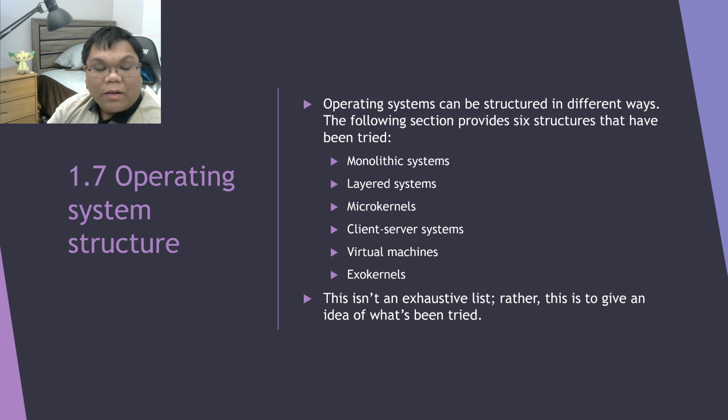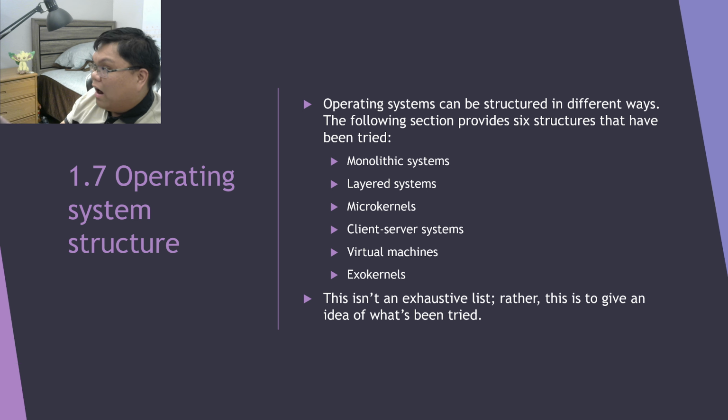Okay, so now we're going to look at operating system structure. There are six tried and true ways of structuring operating systems, but they are not the only ones. In fact, tried and true might be a little bit too restricted. I should say tried.